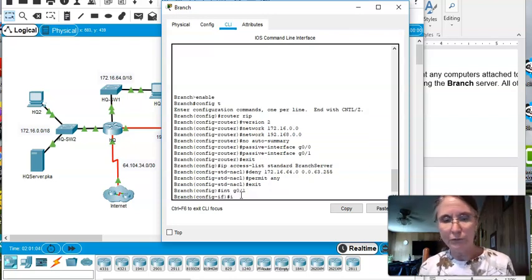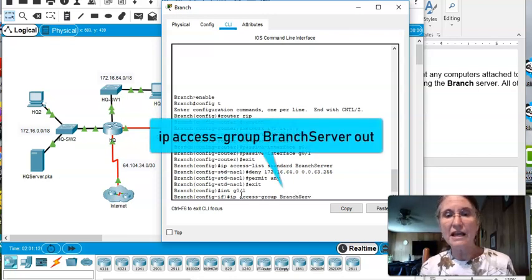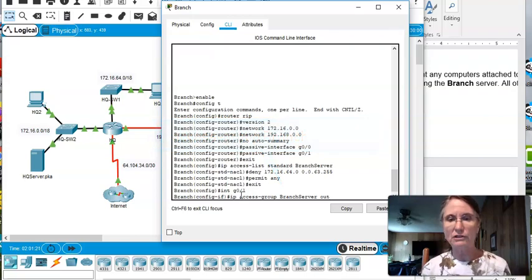and we use the IP access group command with the name. And what is the direction that we want to apply it? We want to apply it to outgoing packets, so the direction is out.